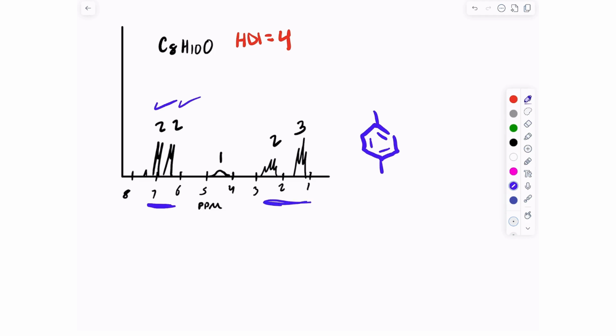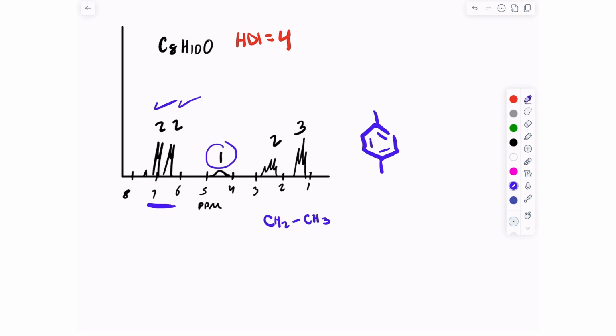Because right here, this is the pattern of an ethyl. So we've got CH2 connected to 3 protons, and we've also got a CH3 connected to 2 protons. So that's an ethyl.